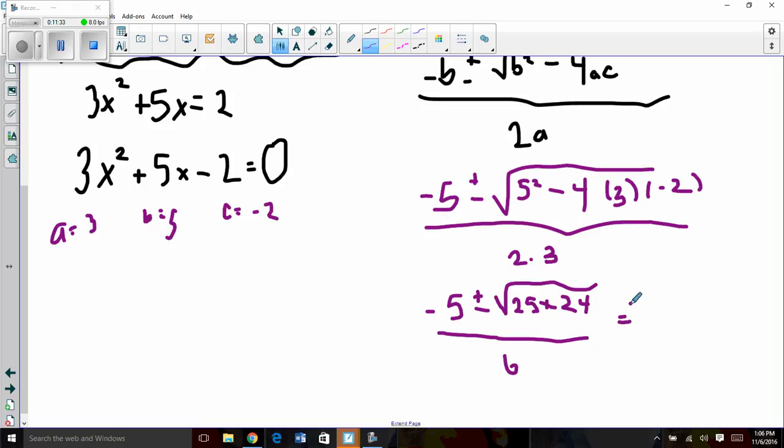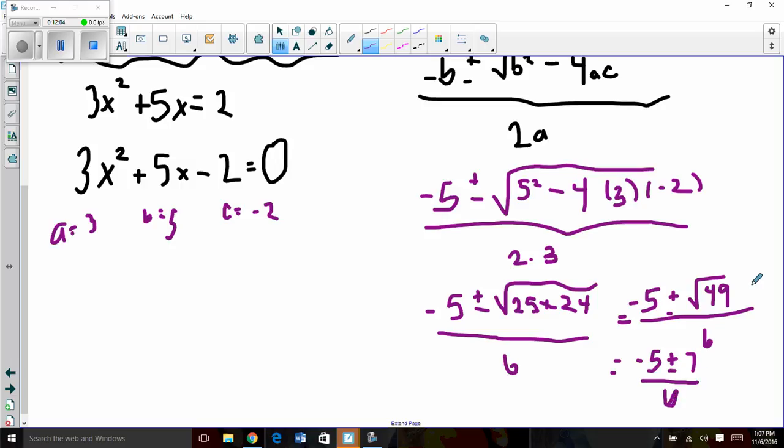So this equals negative 5 plus or minus the square root of 49. Oh, this looks like it's going to be a good one. And then over 6. So this is negative 5 plus or minus 7, because the square root of 49 is 7, all over 6.